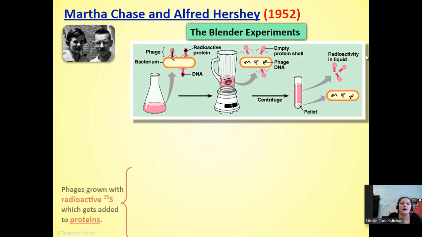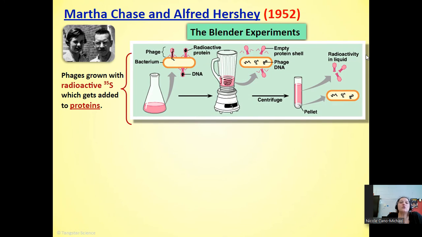So, in order to exclude or test the protein coat, they use bacteriophages with radioactive 35S, sulfur. Proteins have sulfur in them, so they marked it on purpose. They figured if the protein coat was being injected into the bacteria, then they would put it into a blender to literally shake the protein shells off of the bacteria, and then they spun it in a centrifuge, which led to the pellet.